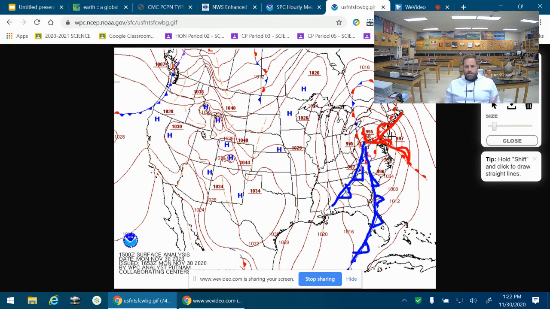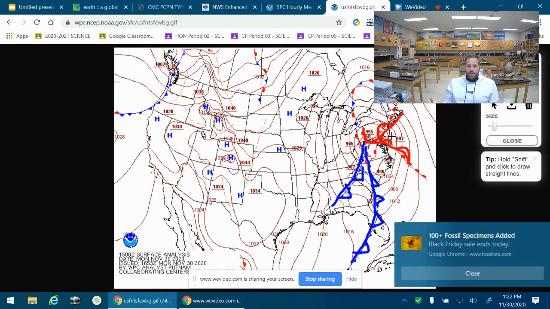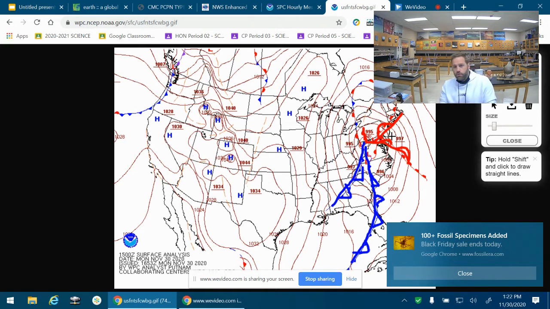So air masses have two parts. They have a temperature part and they have a humidity part. And with humidity, you're basically one of two types. You're either dry or you're humid. Temperature, you can be hot, you could be warm, you could be cool, you could be mild, you could be cold, you could be Arctic. And so you combine the temperature piece with the humidity piece.